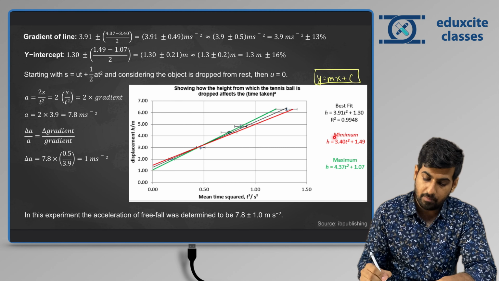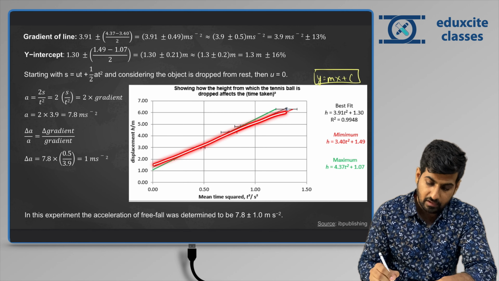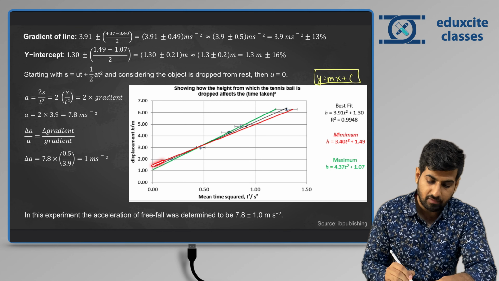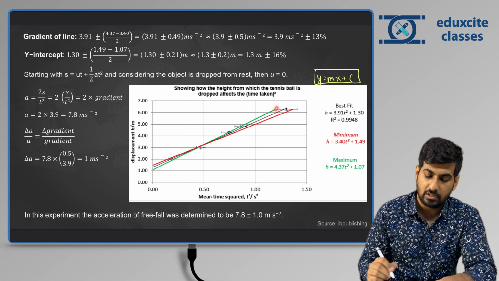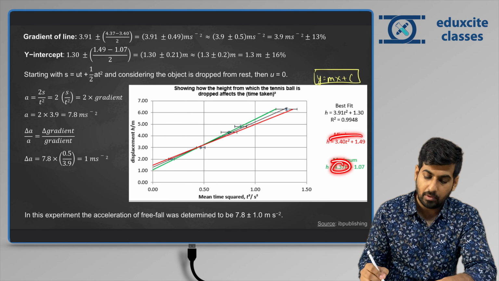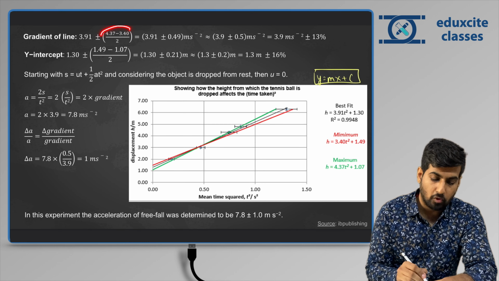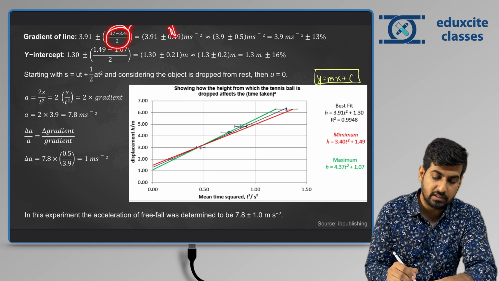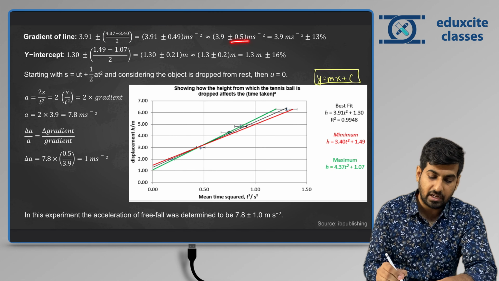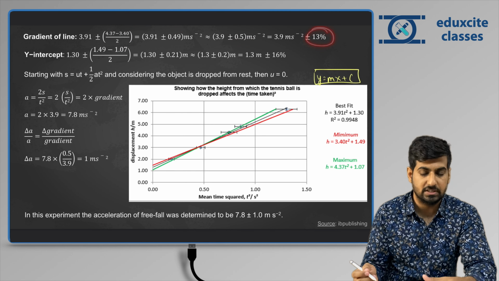So this is the minimum, the red one. The minimum joins the upper value of the first and the lower value of the last data point. The maximum joins the lower value of the first and the maximum value of the last data point. So 4.37 minus 3.4 divided by 2 gives the uncertainty in the gradient. You can calculate 0.5, or in terms of percentage as you wish.